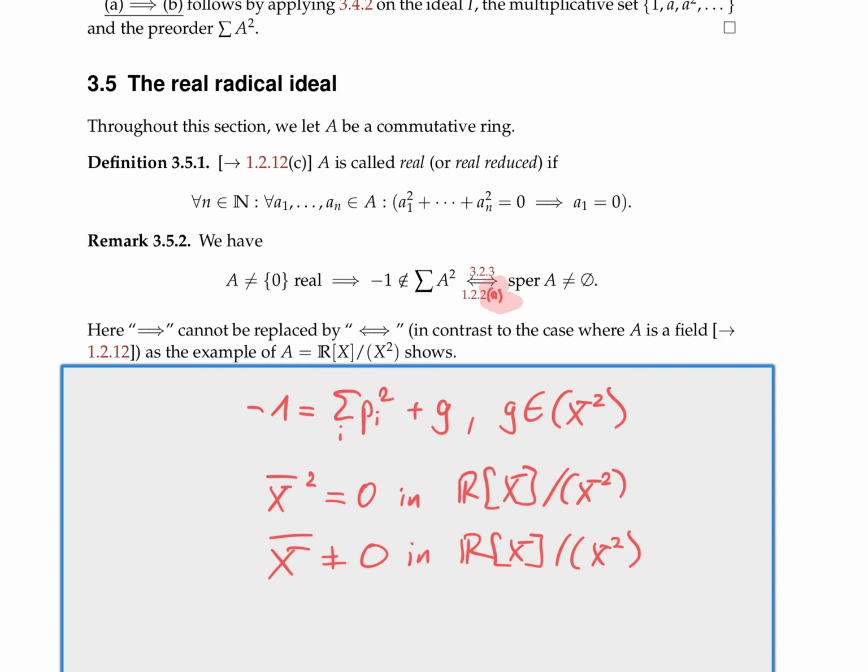Right, because x is not contained in the ideal generated by x squared, whereas x squared is. Okay.